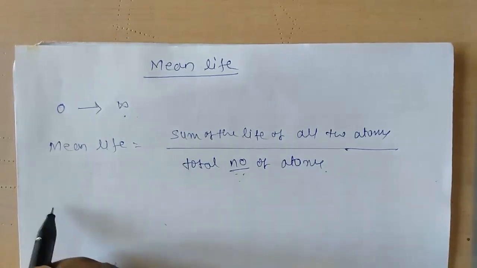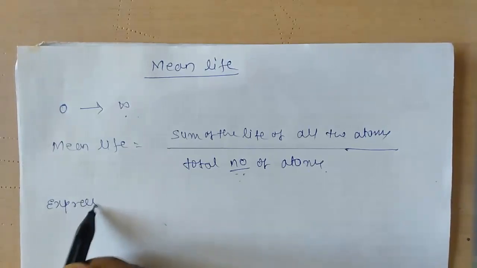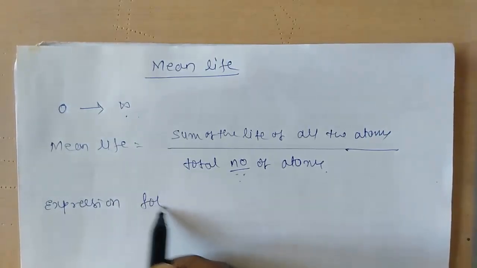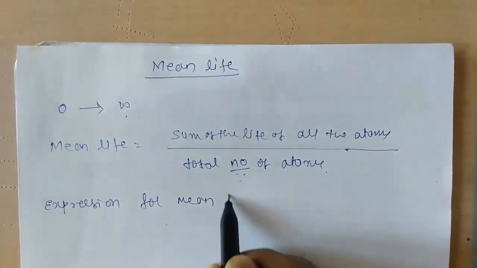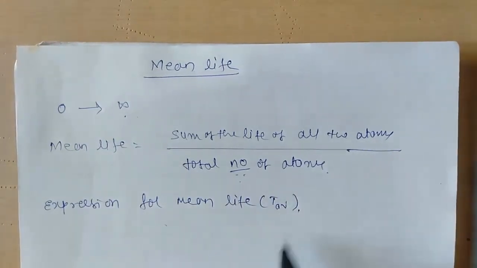Now let us obtain an expression for mean life. Mean life is usually represented as T average, the mean life or average life.